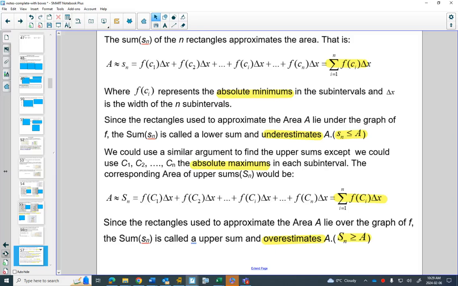We will be guaranteed that we didn't add up enough. And then, if we do all the maximum points, we will get an overestimate. And we will guarantee that that area is too much. And then we'll be able to say that it's somewhere in between here and here.